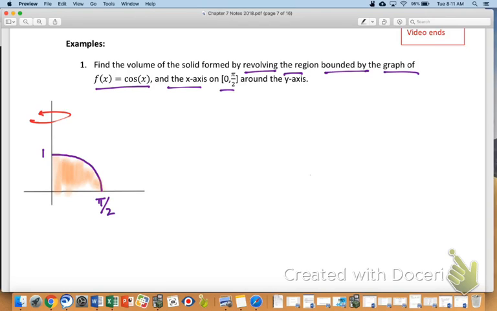I want you to use the Play-Doh and try to form the solid you'd end up with if you revolved that region around the y-axis. Make sense? We shall see.